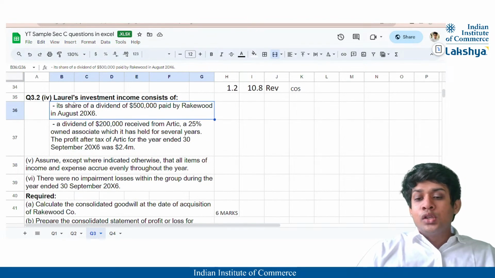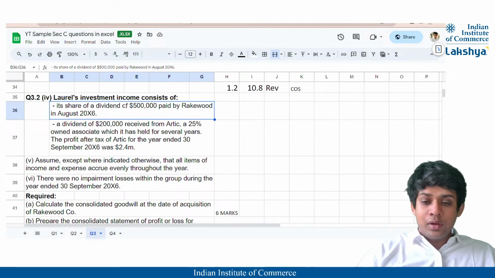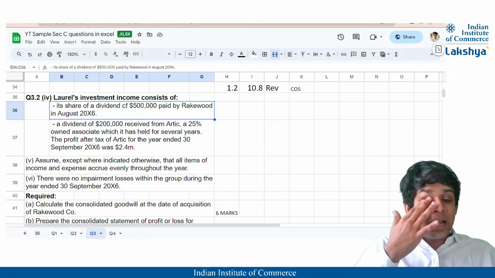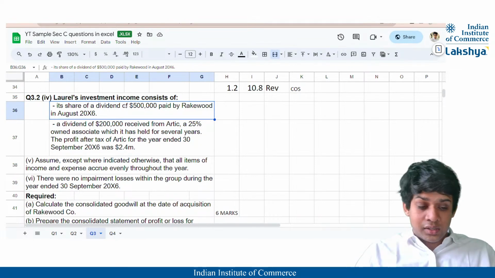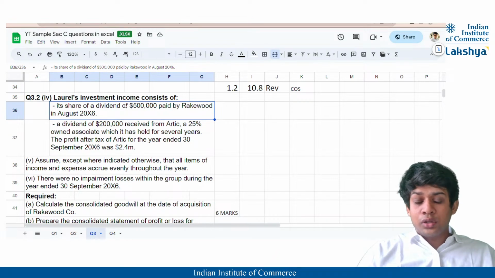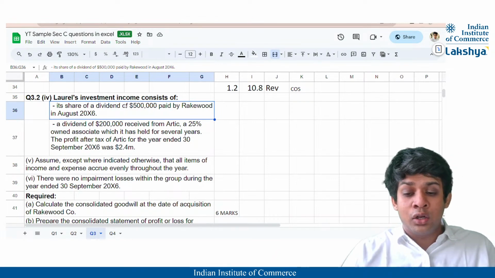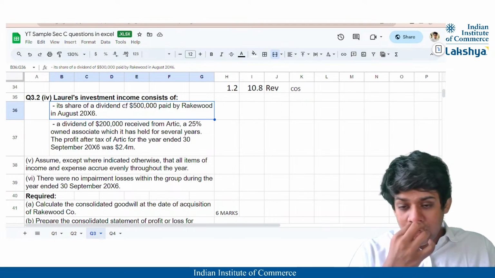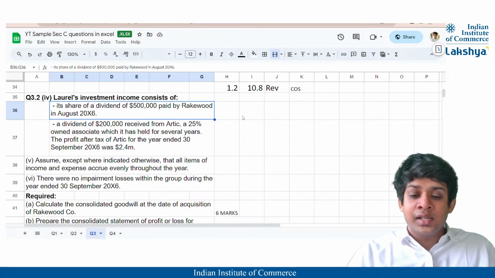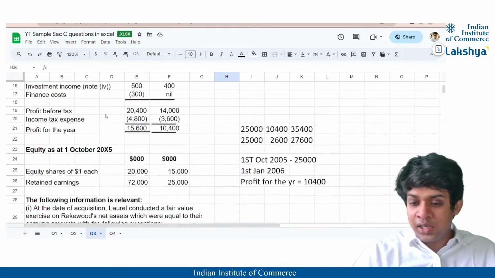Yes. Now this part. So Laurel's investment income consists of its share of dividend of $5 lakh paid by Redwood Company in August 2006. Okay. So that means in August 2006, Redwood paid a $5 lakh dividend to the parent company, and that is what is probably stated in the investment income. So where is the investment income?